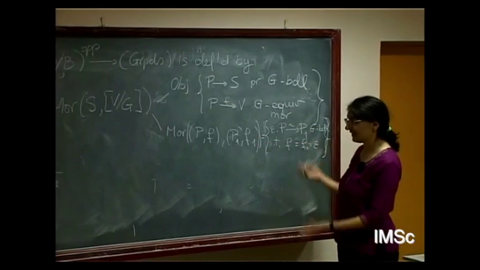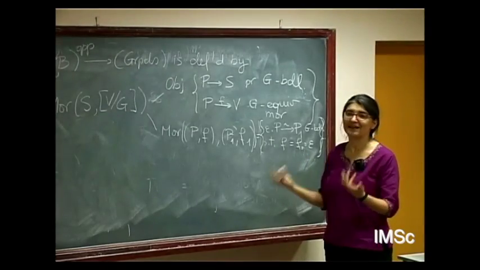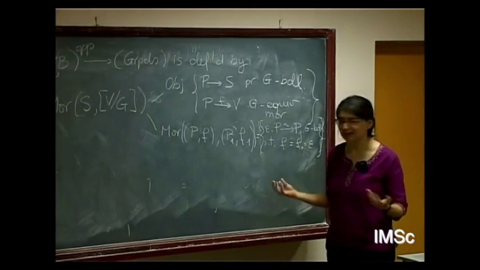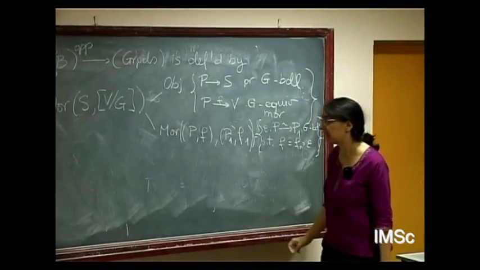So you can see that the morphisms are essentially subsets of G, but they are very special.